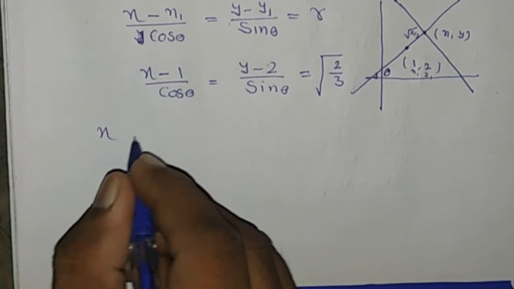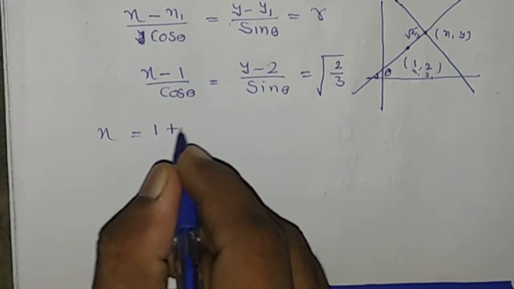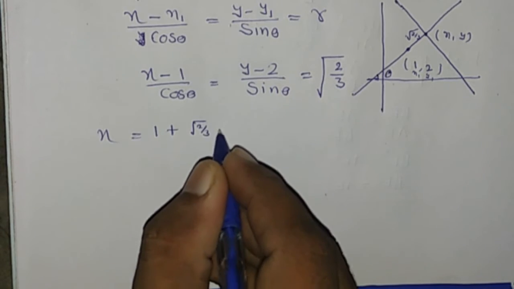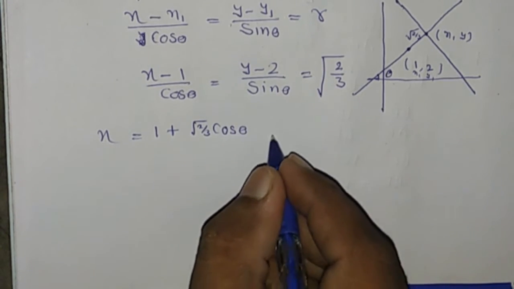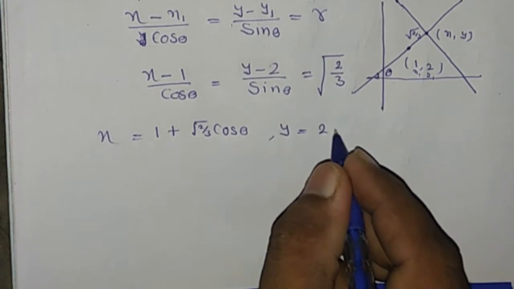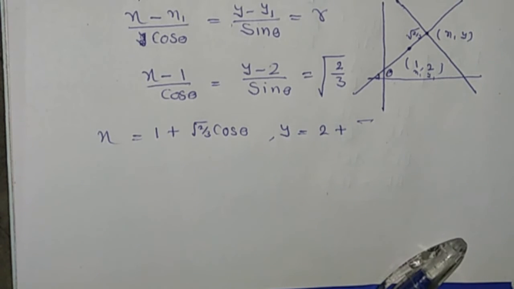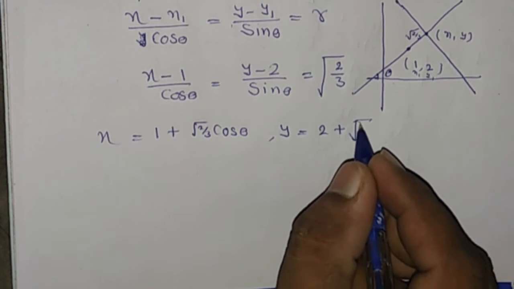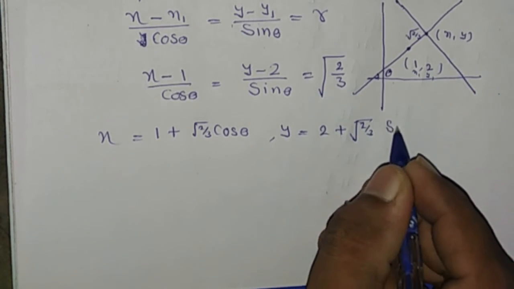Then value of x is 1 plus root 2 by 3 cos theta, and value of y is 2 plus root 2 by 3 sin theta.